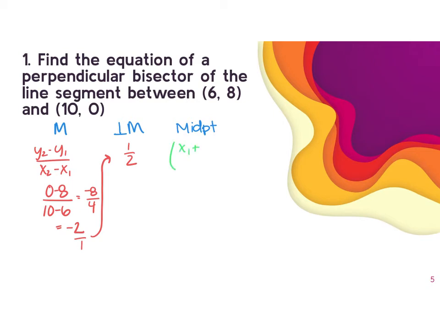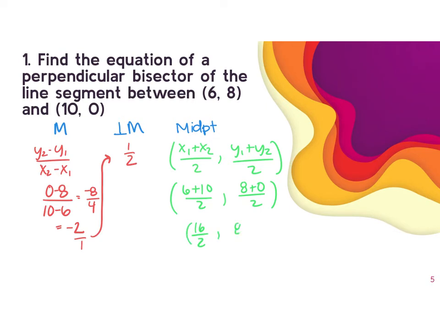So remember, (x1 plus x2) divided by 2, (y1 plus y2) divided by 2. I'm going to add the x's, 6 plus 10, divide that by 2. Add the y's, 8 plus 0 divided by 2. And we get 16 halves and 8 halves, or the point is going to be (8, 4).